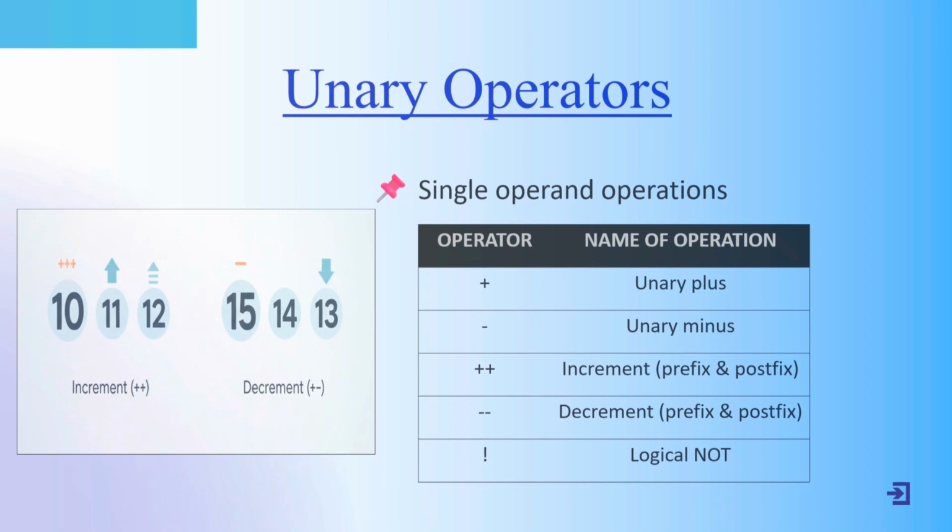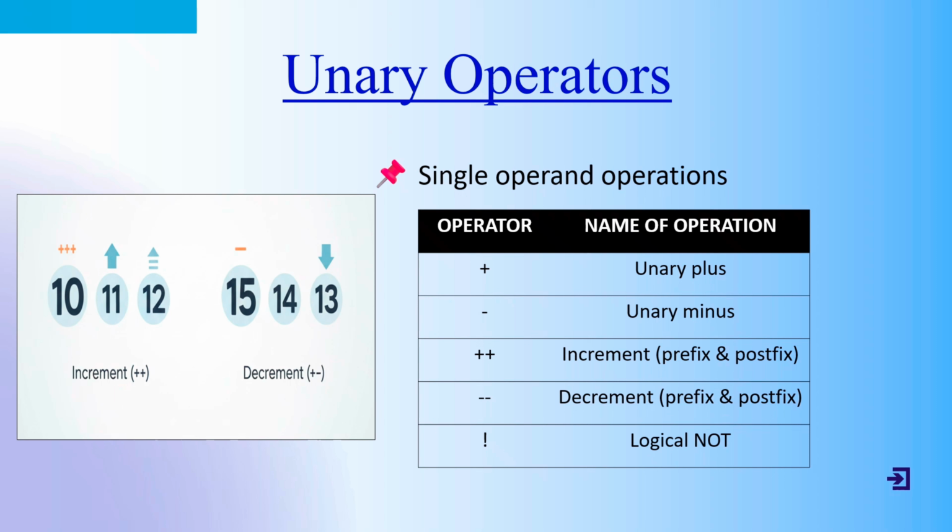Now let us try to understand another operator, that is the unary operator. This applies to a single value. Unary plus is for positive representation of numbers, unary minus indicates that the particular number is negative, plus plus indicates incrementing, minus minus is used to represent decrementation, and not is used for logical not.